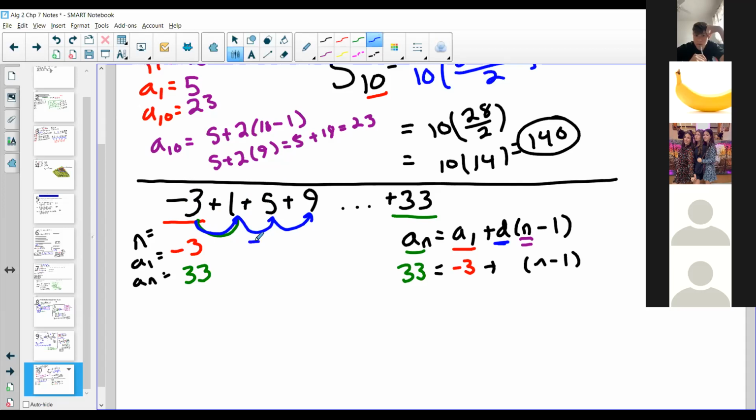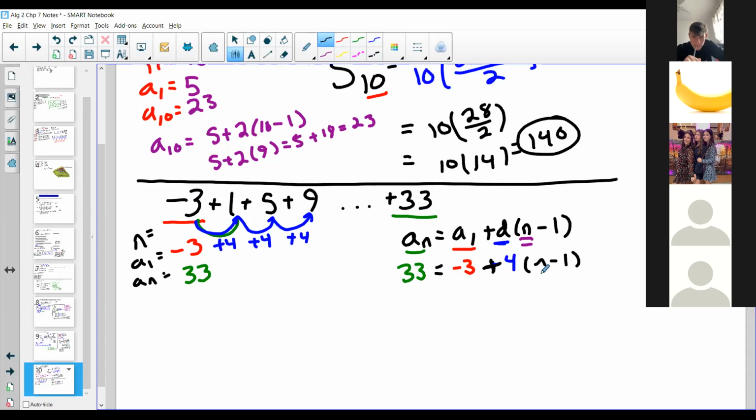It seems like it's a +4, a +4. If you couldn't see it from the negative, now you can check it as +4. So this d is going to become the pattern, which is +4. d always equals the pattern. In an arithmetic function, which is a pattern of adding and subtracting.